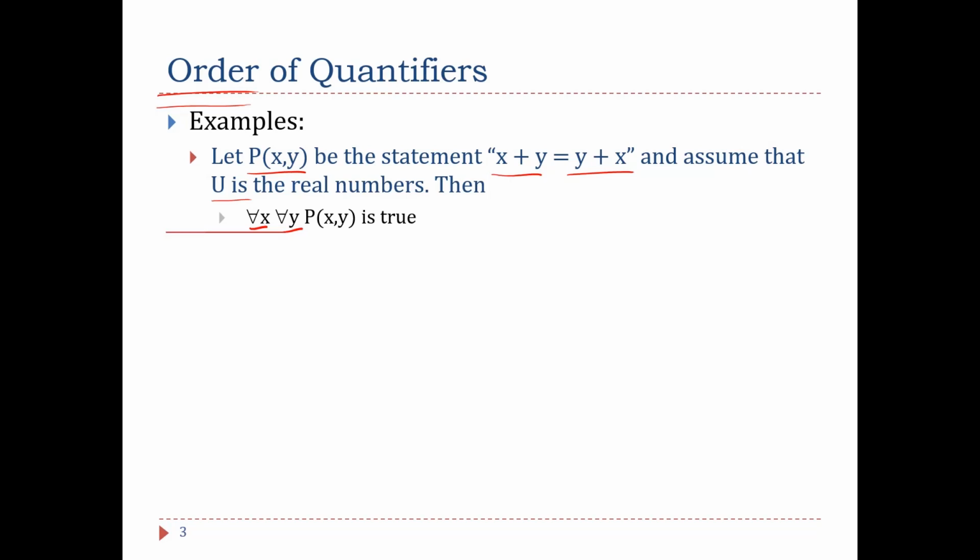This is true because the plus operator is known to be commutative. So x plus y is y plus x. It's due to the nature of the addition. This also comes from the fact that if you add 1 to x, you get the successor of x.